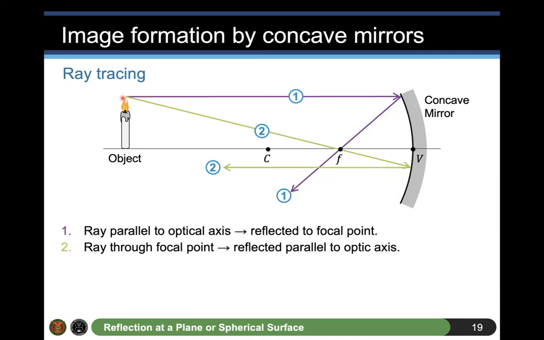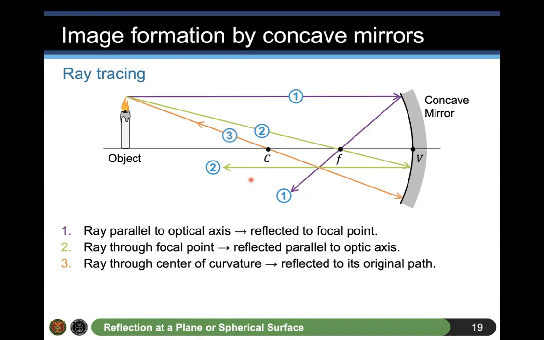Ngayon, any ray through the focal point will reflect parallel to optical axis. Okay? And then, meron pa tayong third ray. So, any ray passing through the center of curvature will just be reflected back to its original path. So, magba-bounce back lang siya. Okay?